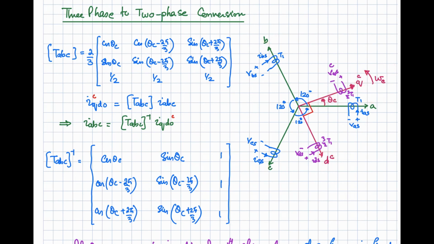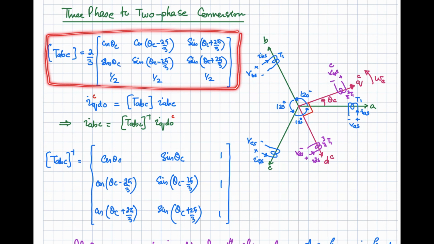So this is basically the third variant of the Clark transformation that we discussed in the last lecture, and applying that transformation you can translate the ABC parameters of your induction motor into this rotating frame of reference, right? So the transformation matrix, if you remember, was this one when you are translating from ABC to rotating frame of reference.